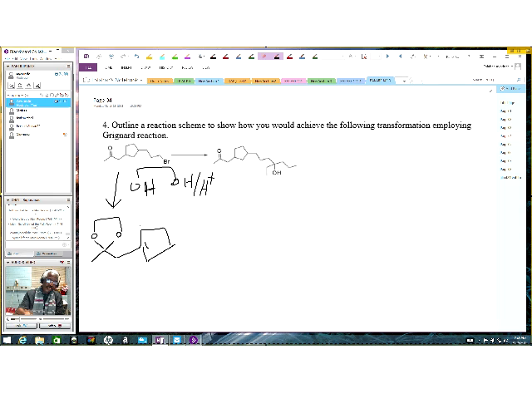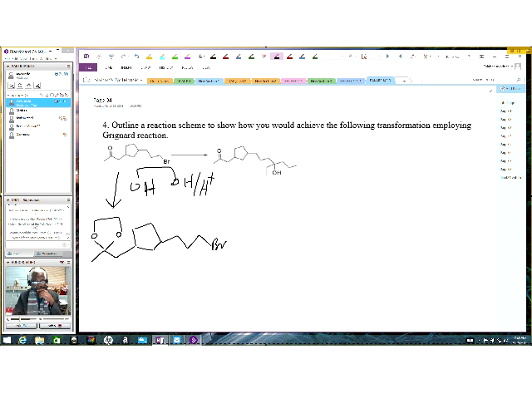Let me write this better. Okay, that's better. Now we have the rest of the molecule. So now we form our ketal.